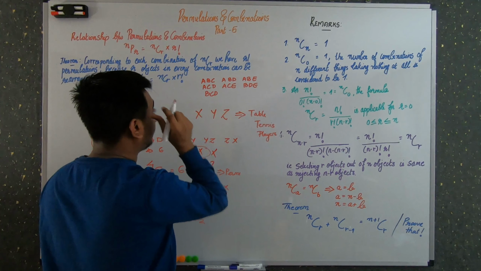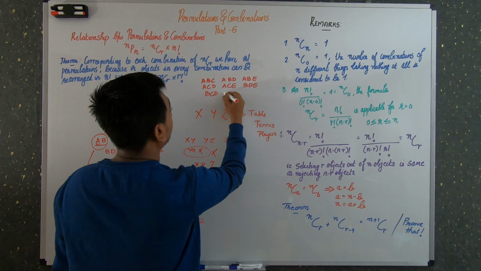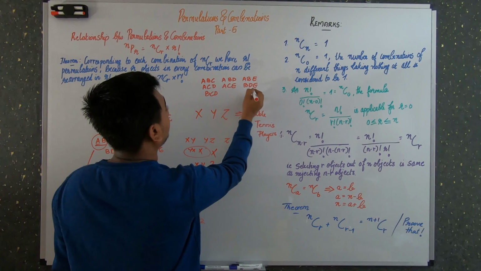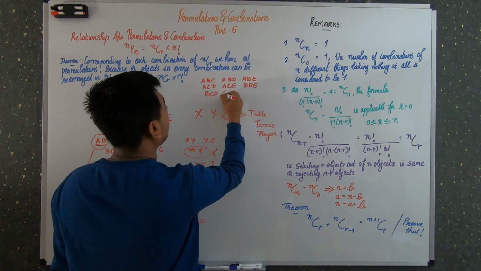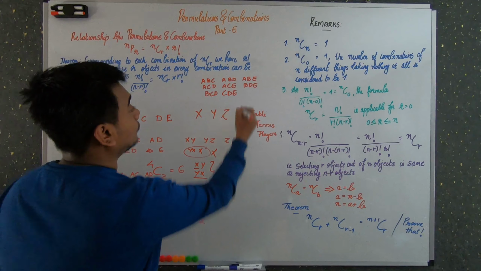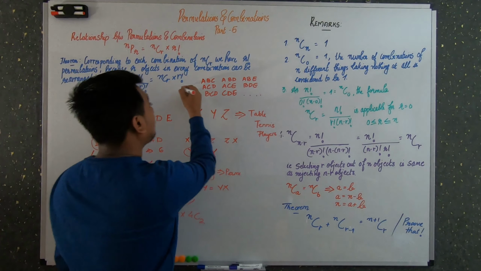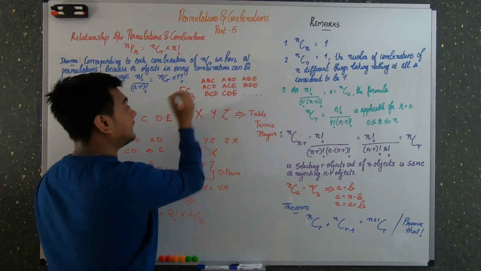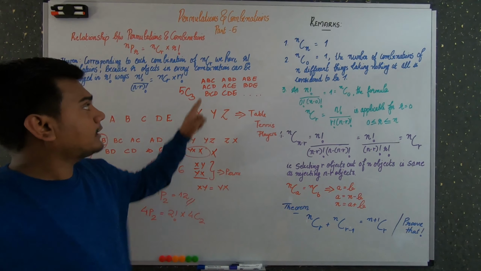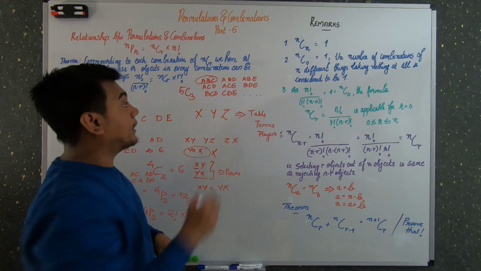BCD. Again, it's possible. So it's only 7 here. BDE, BCE, CDE. Again, there are a lot of combinations. So what I have done here is 5C3, right?